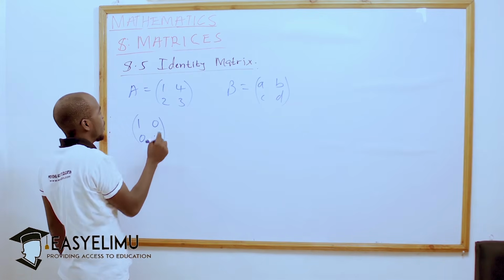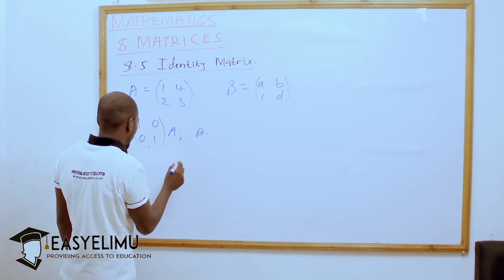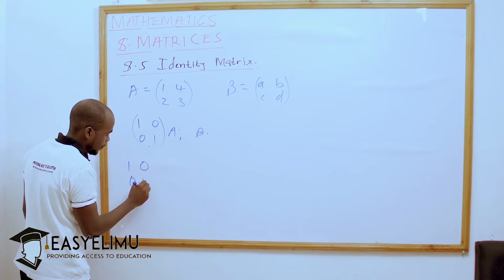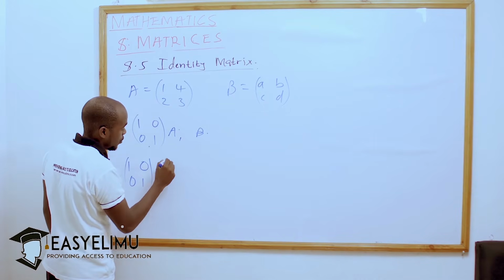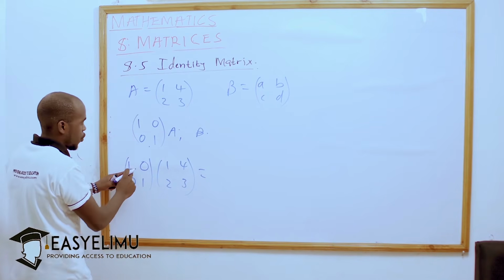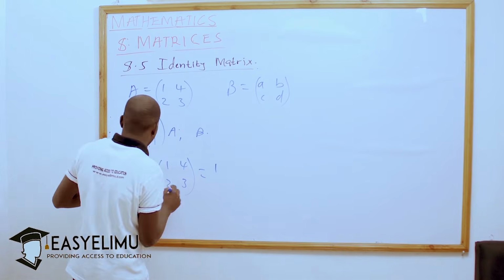So if we pre-multiply A, then we pre-multiply B, we shall find that for A, we are going to get 1 by 1 plus 0 is 1.